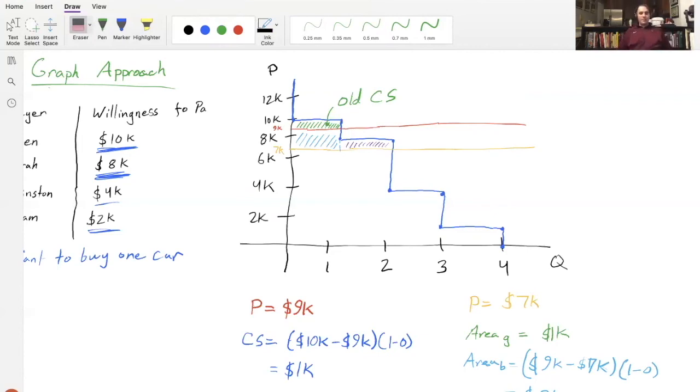And then from the price dropping from $9,000 to $7,000, we gained consumer surplus in two different ways. The first is this light blue shaded region. And so this is the gain to previous entrants.